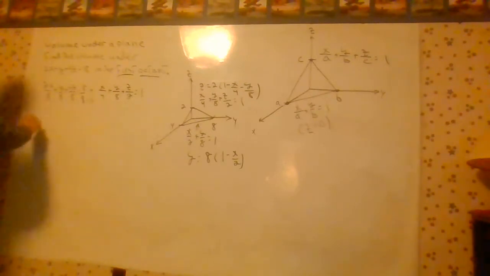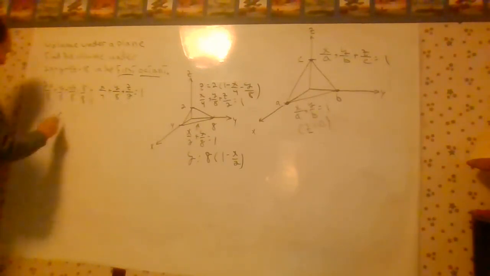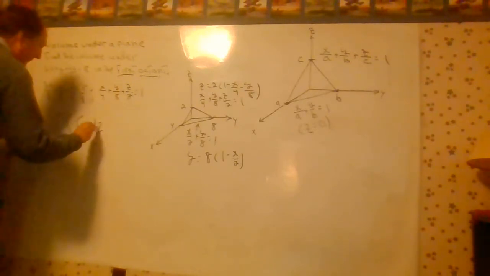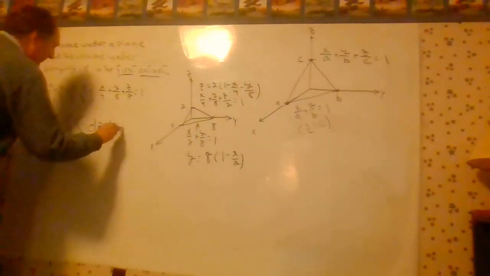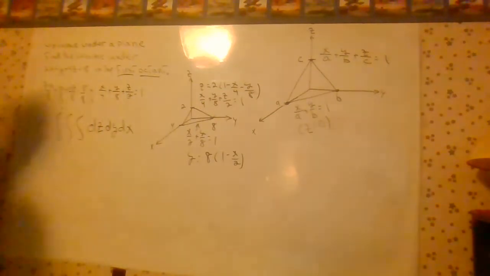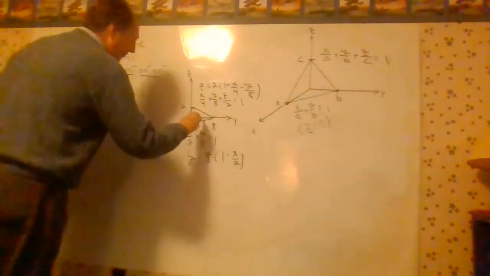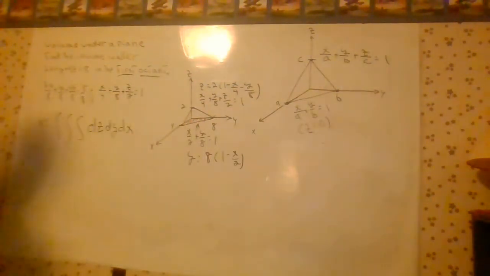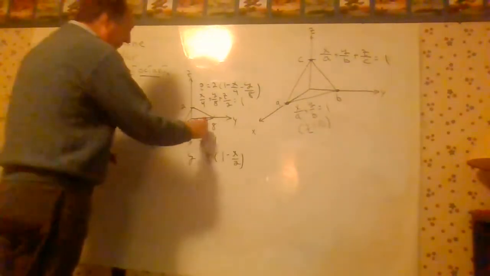Now the volume equals, we're going to set up a triple integral dz dy dx. And you may remember before, it's useful to set up an integral in the xy plane first of all. And so we're going to set up an integral over this triangle.